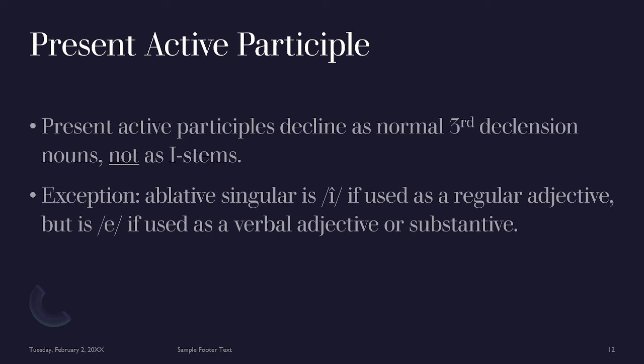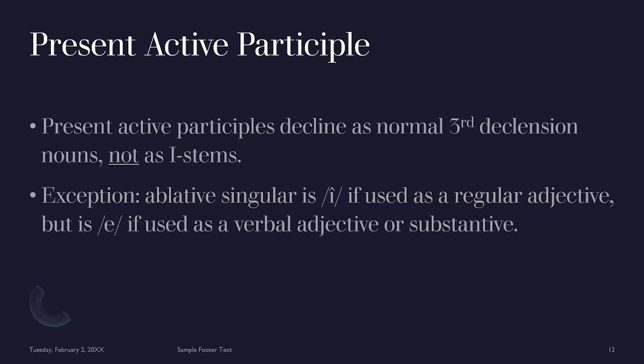If the ablative singular is used on a participle that's just being a regular adjective, then we would end it with a long i, like we would if this was a plain old third declension adjective. But if we're using it as a verbal adjective, so if it's taking a predicate, or if we're using it as a substantive, so we're using it more as a noun, then we would treat it like it's just a third declension noun, and we would stick an e on it.